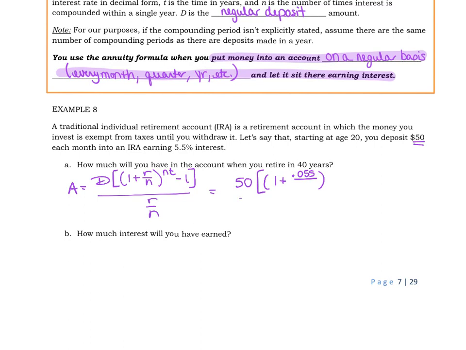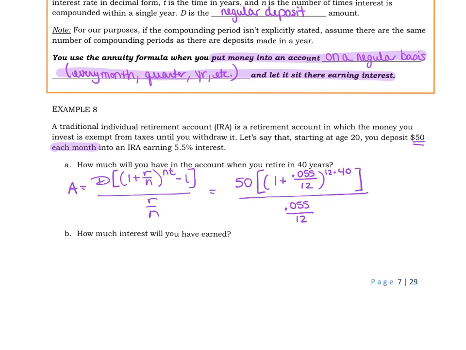Again, write that as a decimal and pay attention that it goes two places in our formula. We're going to be putting our money into our account every single month. So N is 12. And I'm sorry, I forgot to mention up above, if it doesn't say how often you compound, just assume that the compounding of interest happens at the same rate in which you're depositing money. And then we're going to leave that money sit there for 40 years.